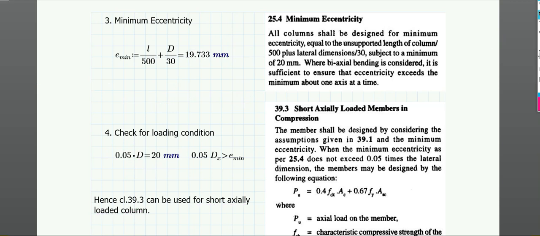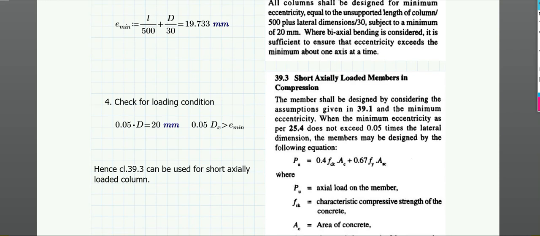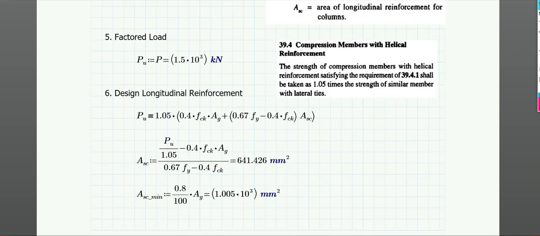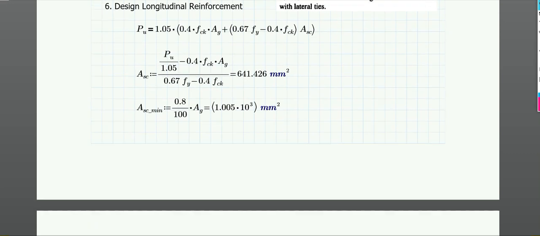Now the factored load, which is already given to us, is 1500 kilonewton, so there is no change. Then the design of longitudinal reinforcement. Now the important thing, or this change, will come here.